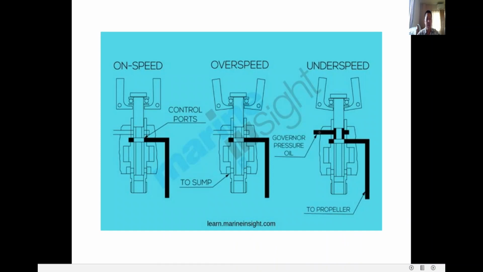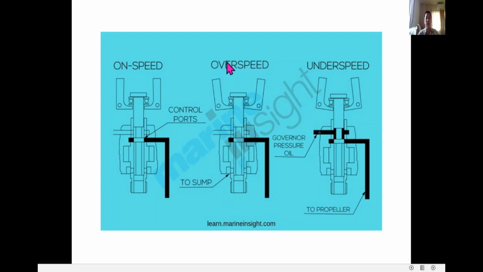So we will come back here. This one is on speed. As you can see, the movement of the flyweight in this position is on speed, meaning on a rated speed. But when the flyweight is going like this, this is low rotation.